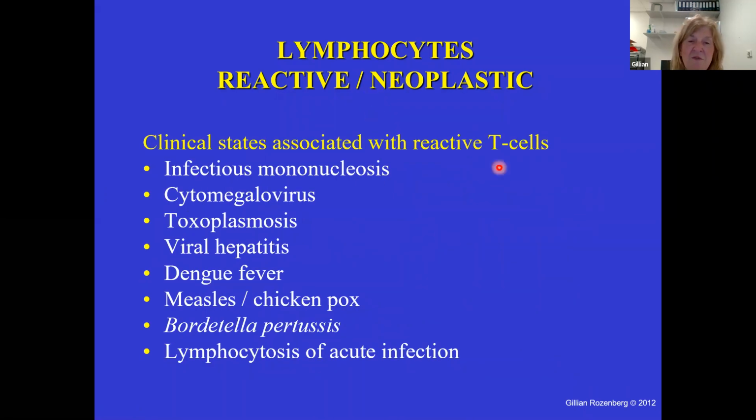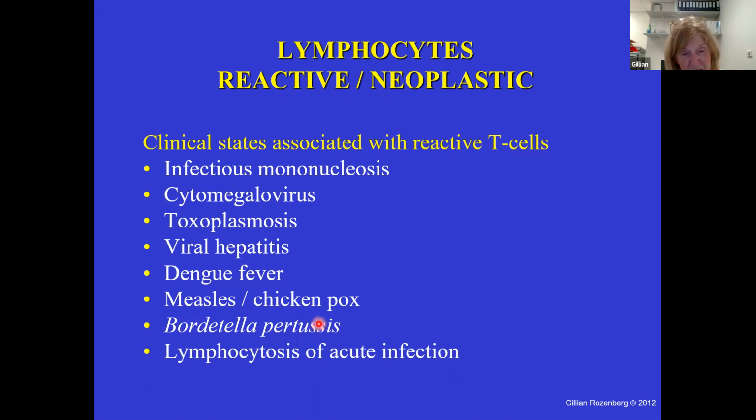I've listed here some, or probably the majority, of disorders where you see reactive T cells. So infectious mononucleosis, cytomegalovirus, toxoplasmosis, viral hepatitis, dengue fever, measles, chickenpox, Bordetella pertussis, and lymphocytosis of acute infection.